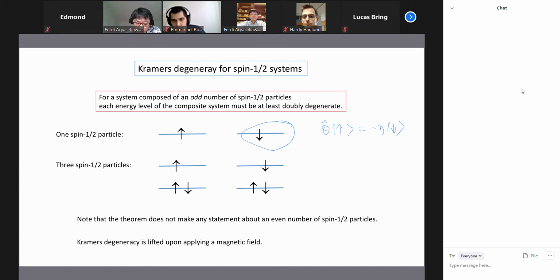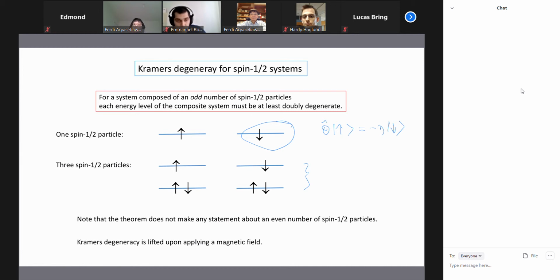That's one example. And we have three electrons, a situation like this. We need two levels. Then again, it is also degenerate, these two levels, obviously. And so on, we can have more levels if you like.